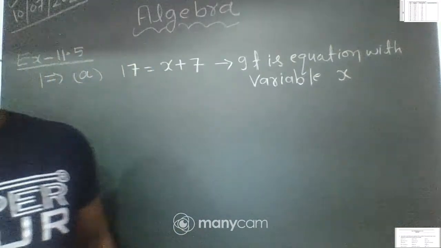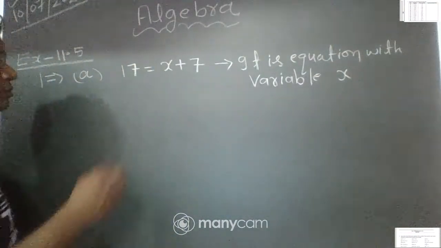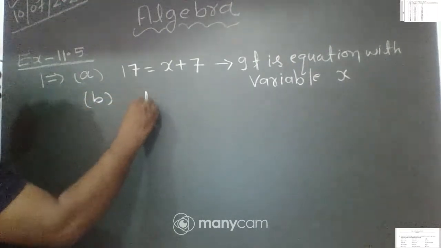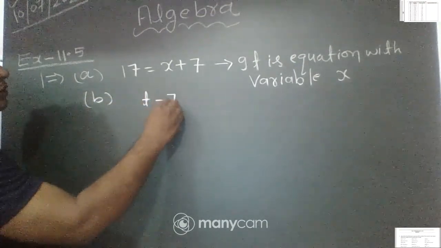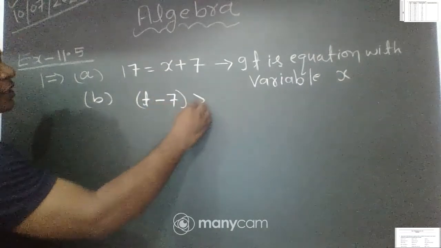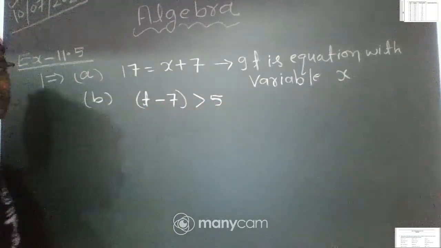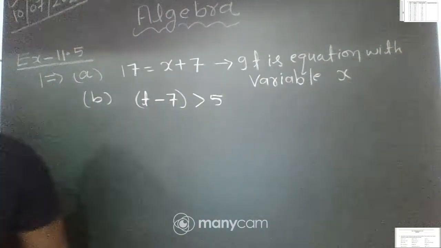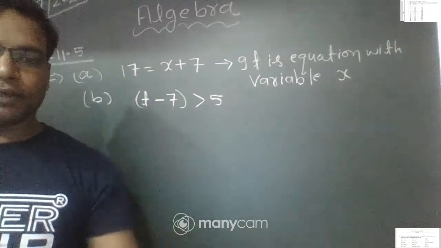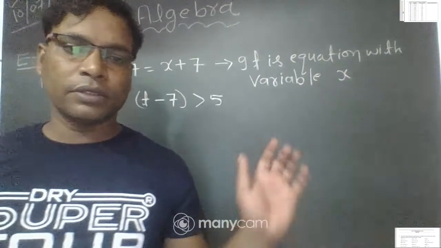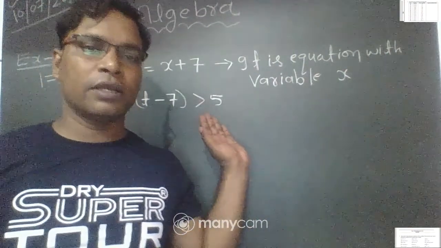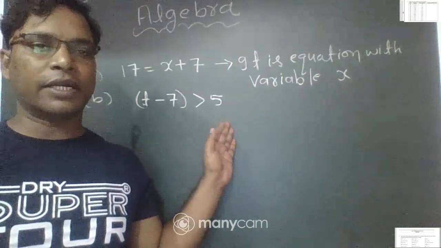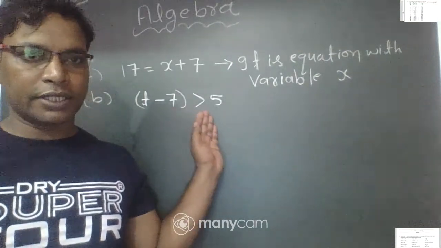Now the B part of this question. t minus 7 is greater than 5. Student, you can see here in B part, t minus 7 is greater than 5.